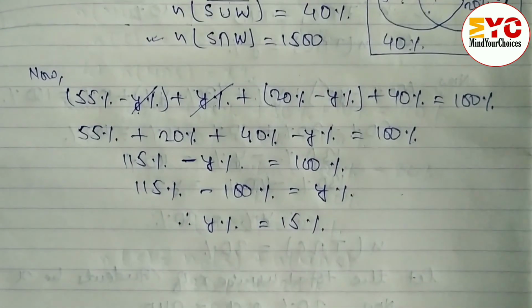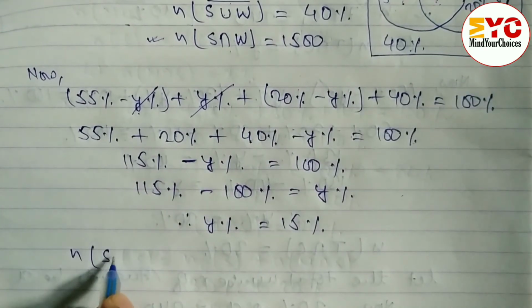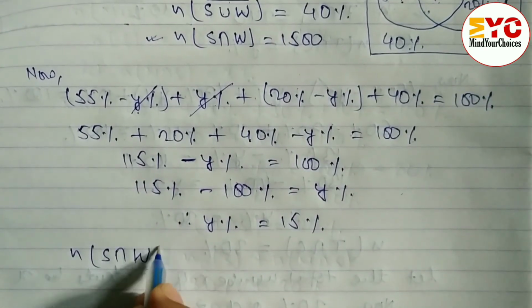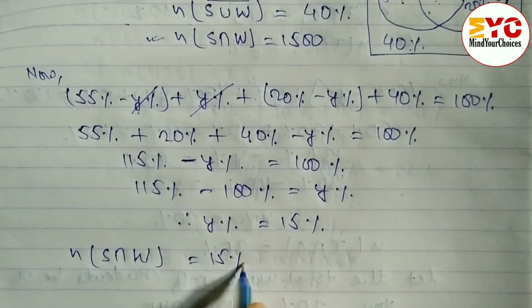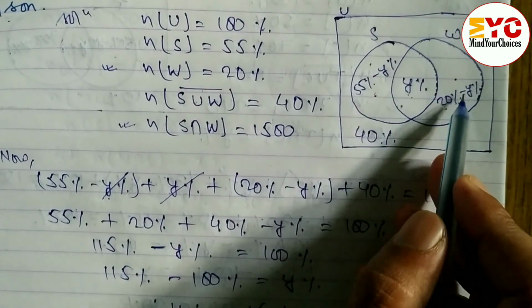So how many percent like both? Here S intersection W is 15%. So 15% of people like both seasons, summer also, winter also.